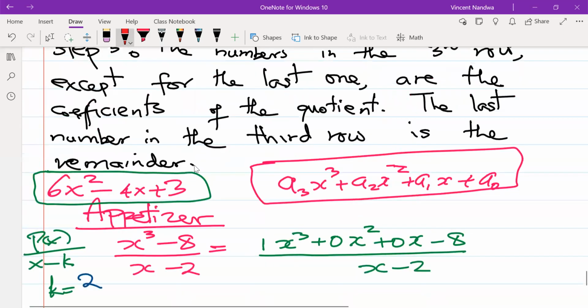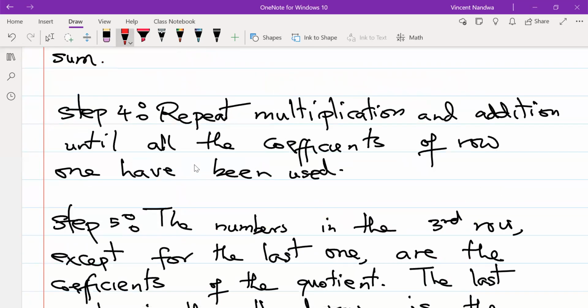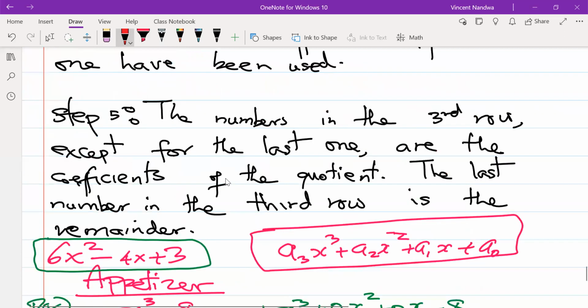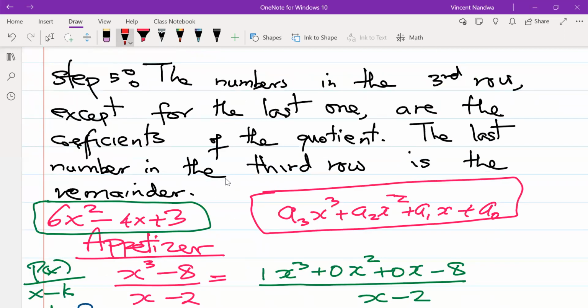And remember, we were told that the last number in row 3 is the remainder, and the first values in that row form the coefficients of the quotient.